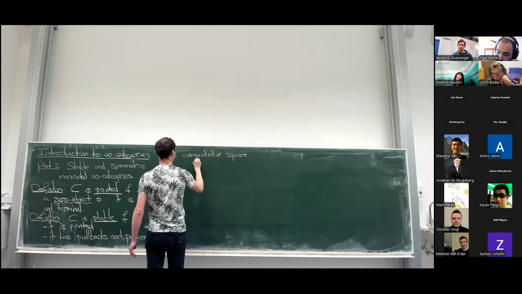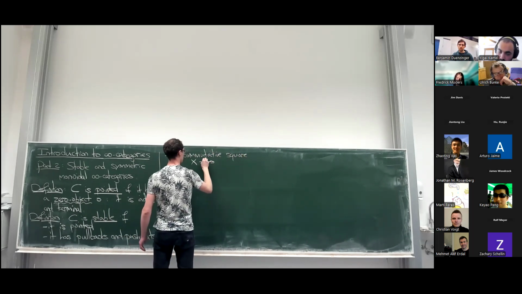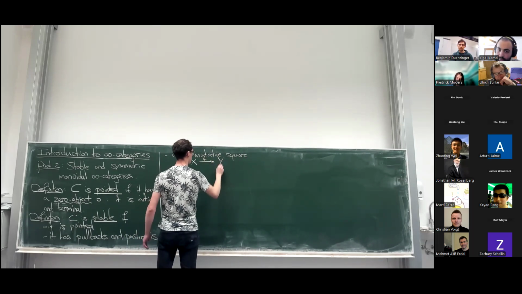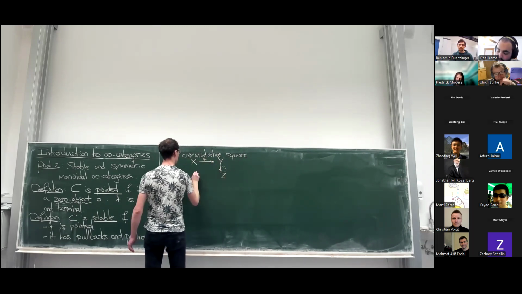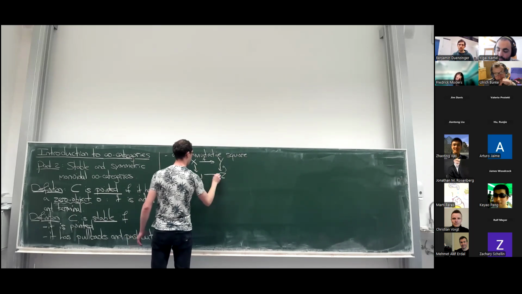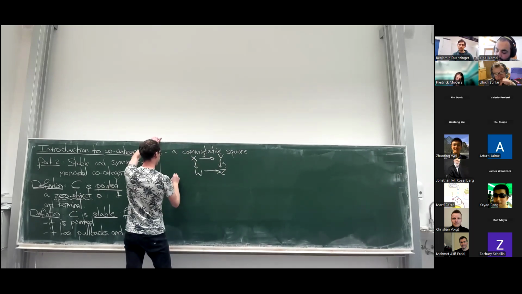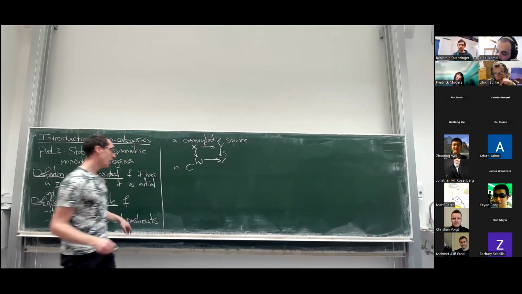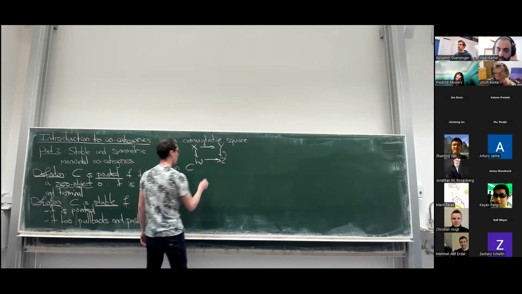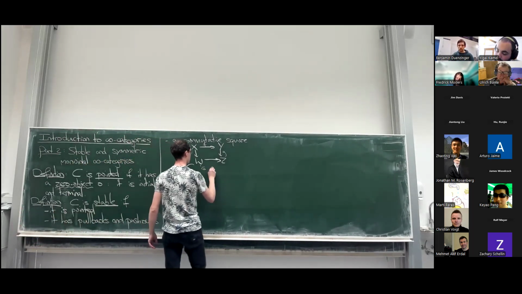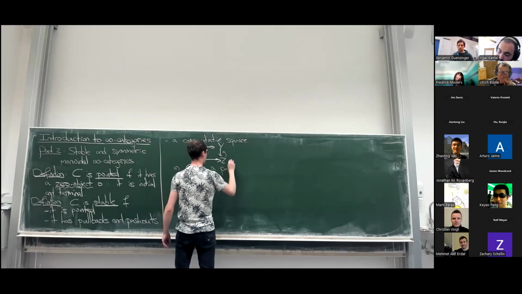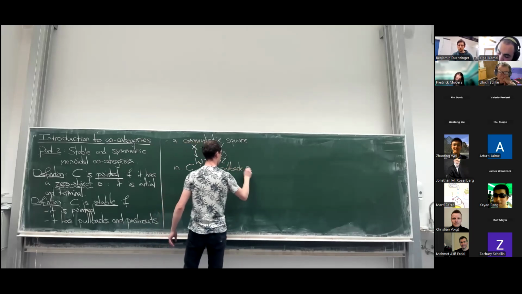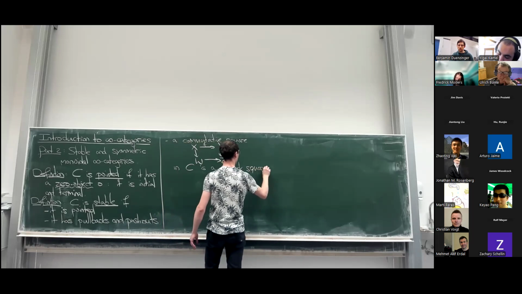And then the third condition is that a commutative square of the form X, f, Y, g, Z and W is a pullback square if and only if it is a pushout square.